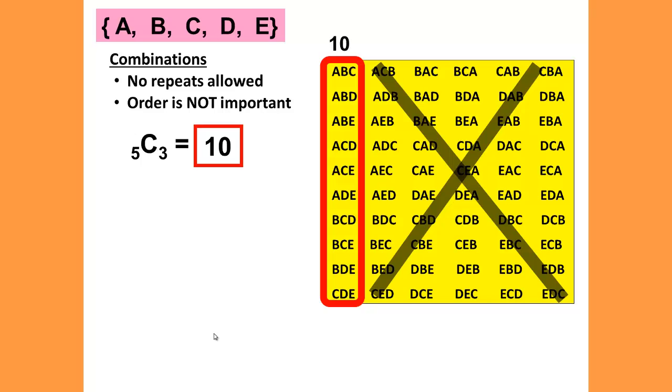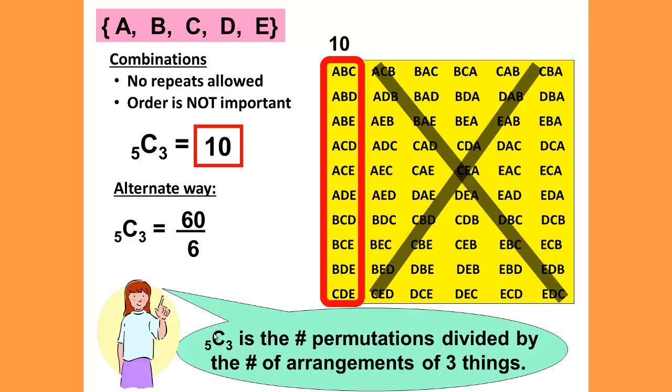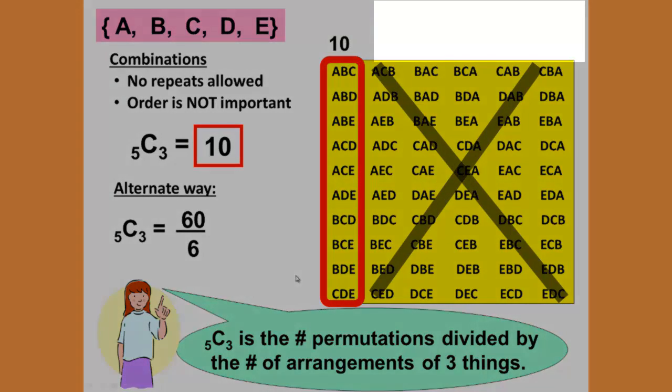How can we arrive at that answer without the list of possibilities? We have that total of 60 divided by 6, the number of different arrangements of the 3 letters. 5C3 is the number of permutations divided by the number of arrangements of 3 things.